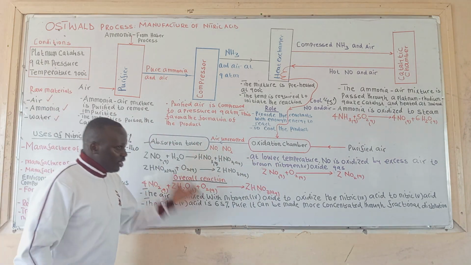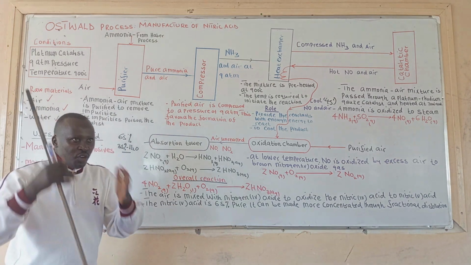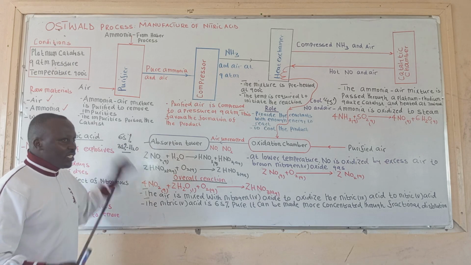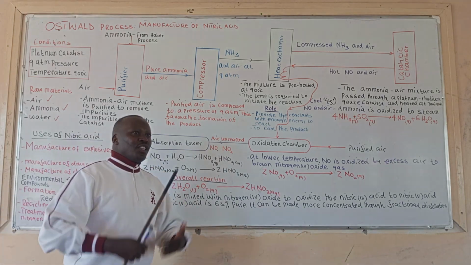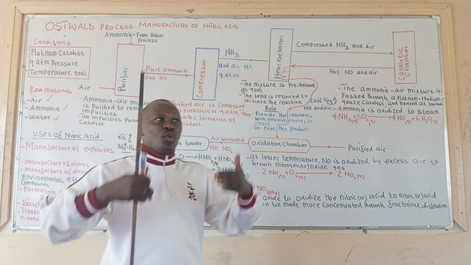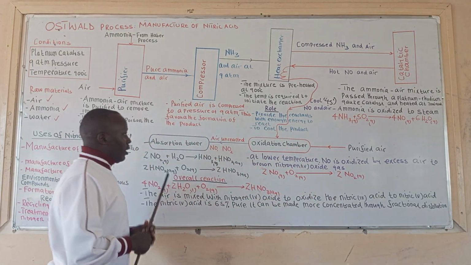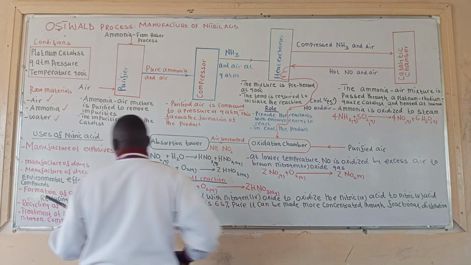So either the concentrated sulfuric acid or the phosphorus 5 oxide will now remove the 35% of this water, and therefore the acid is made up to 98% pure, the more concentrated form of that acid.